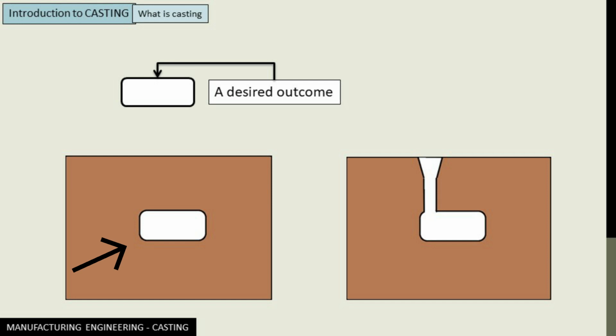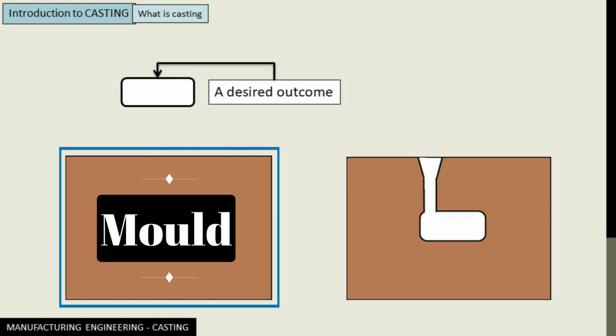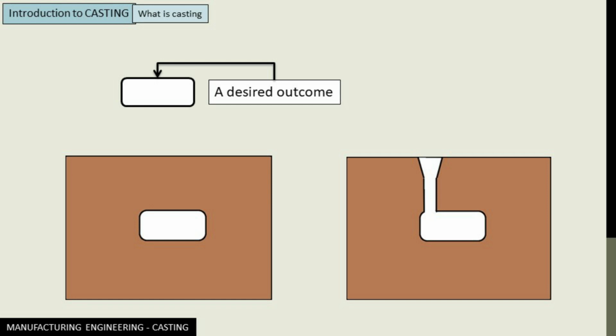And this cavity is made inside the equipment, the complete setup. This complete setup is known as the mold, inside which this cavity is made. And how is this cavity made? This cavity is made with the help of a pattern.